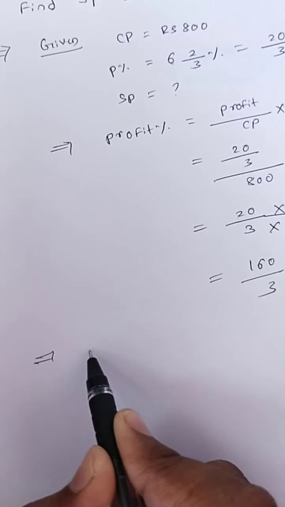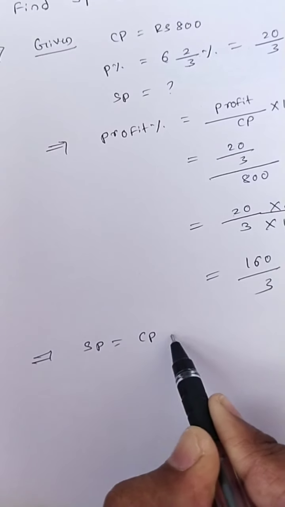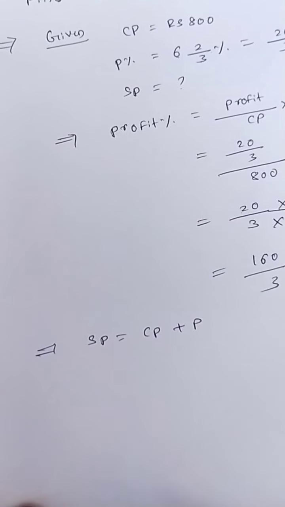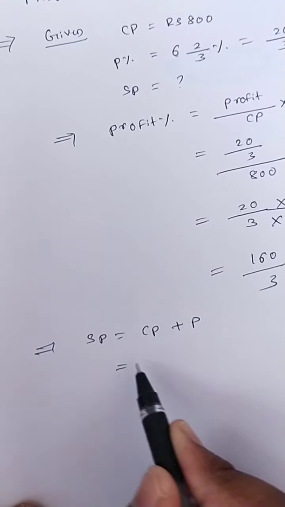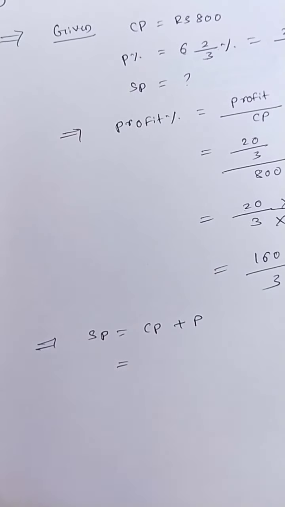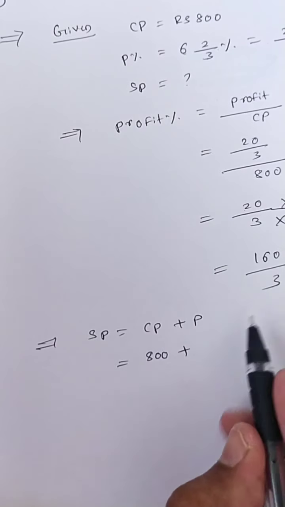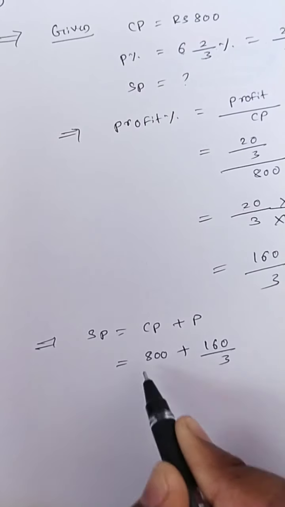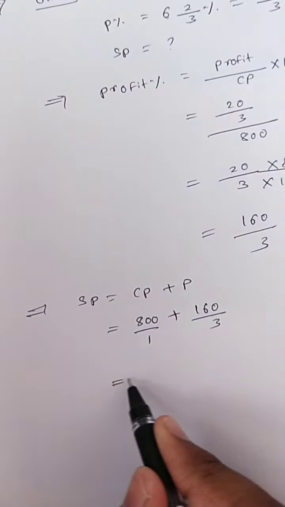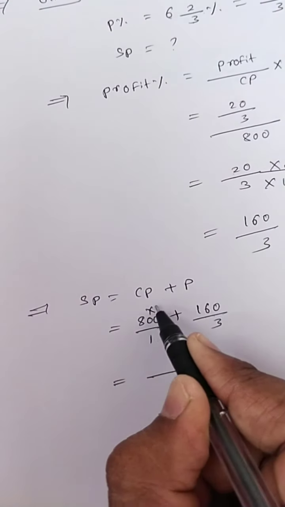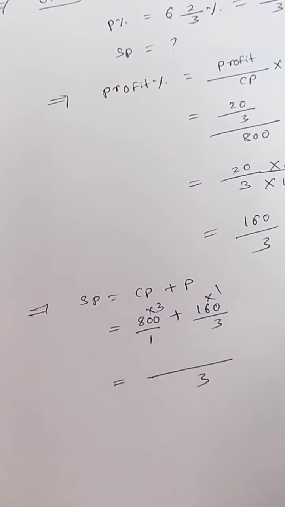Now we have SP is equal to CP plus P. That is CP is 800, and profit you have as 160 divided by 3. Now see here, your LCM is 3. This you multiply with 3 and this you multiply with 1.